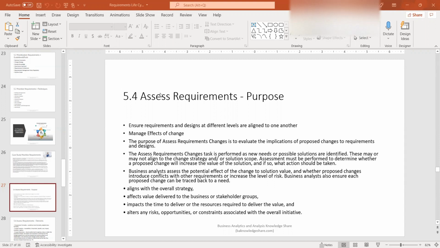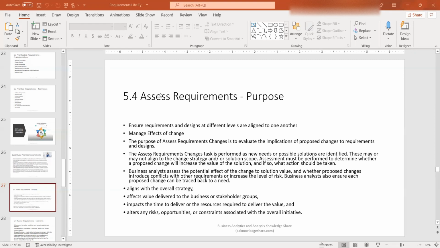Assessment must be performed to determine whether a proposed change will increase the value of the solution, and if so, what action should be taken. Business analysts assess the potential effect of the change to solution value and whether proposed changes introduce conflicts with other requirements or increase the level of risk. Business analysts also ensure each proposed change can be traced back to a need.